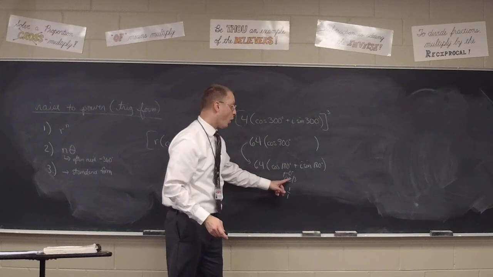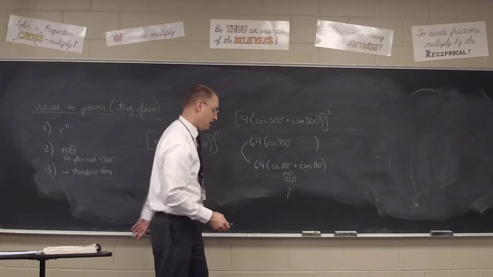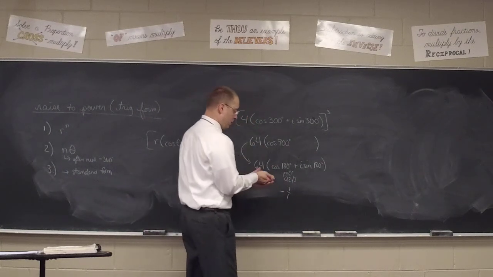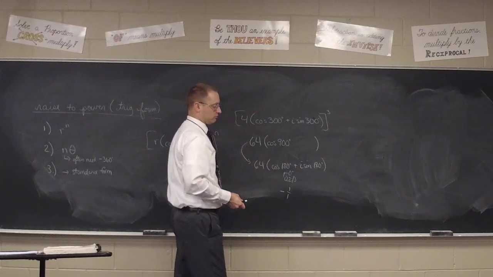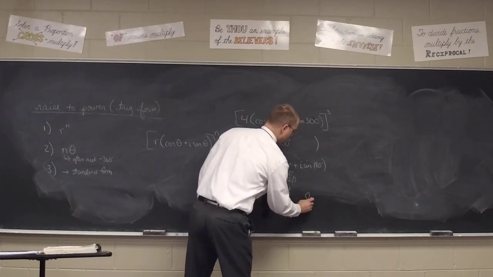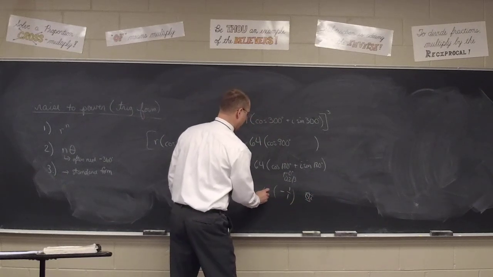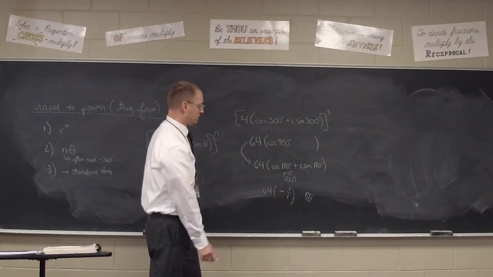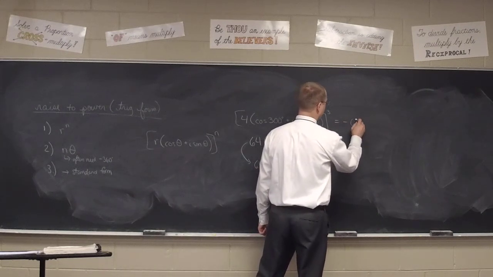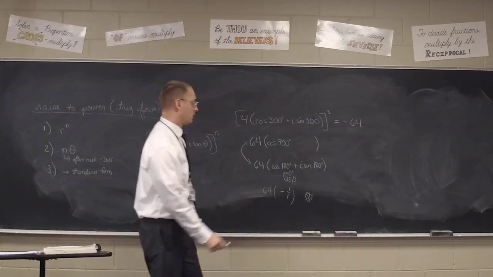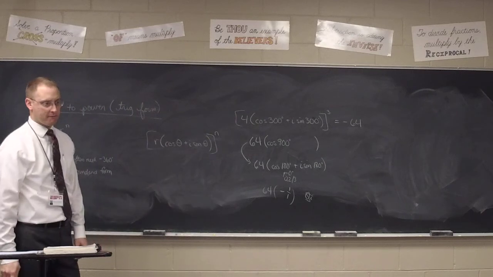But in quadrant 2 or in quadrant 3, doesn't matter, cosine's going to be negative either way. What's the sine of 0? 0. And of course we have the i. We don't really need positive or negative. That's just pretty much nothingness. And we multiply that by 64 and we get... Questions on that?